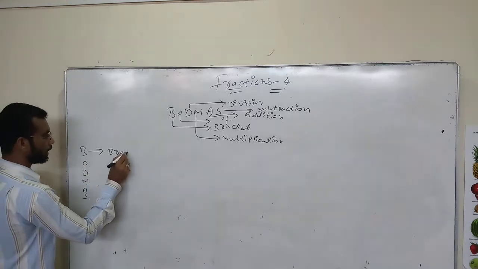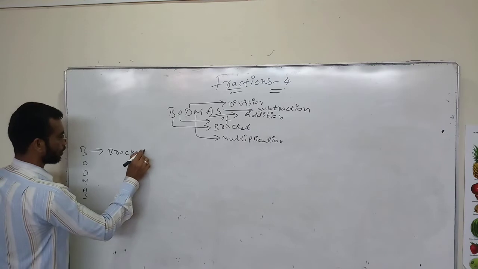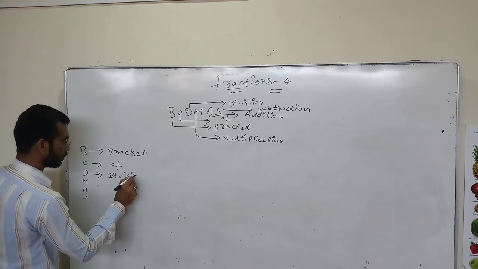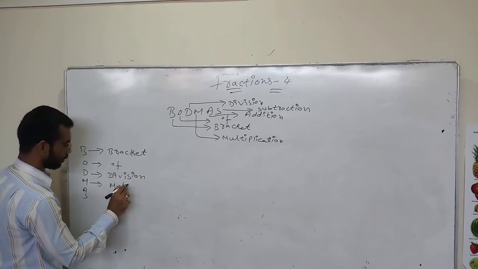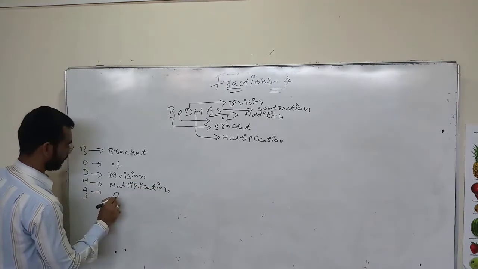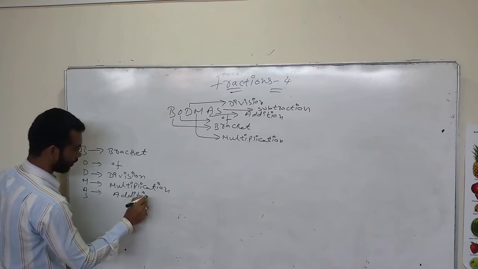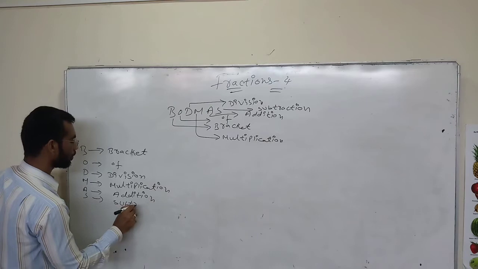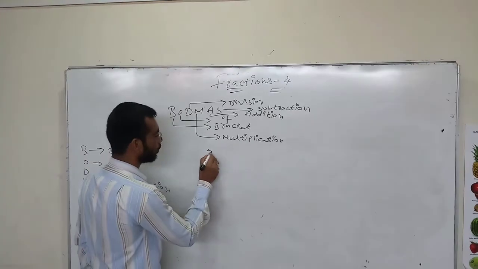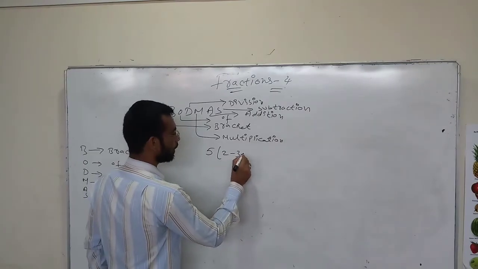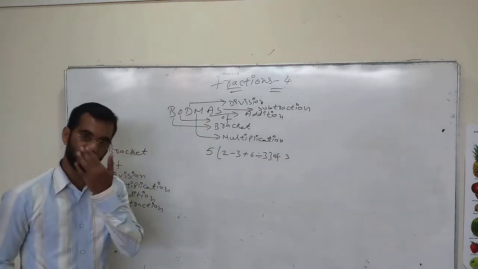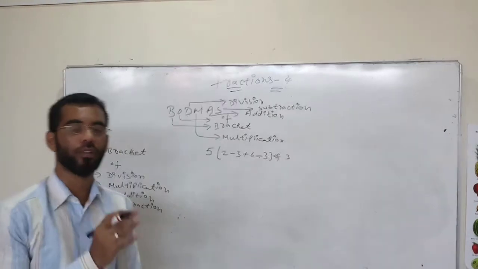Addition and subtraction. Most of the students, if a question like 5 × (2 − 3 + 6 ÷ 3 of 3) is given to you, are unable to solve the problem.